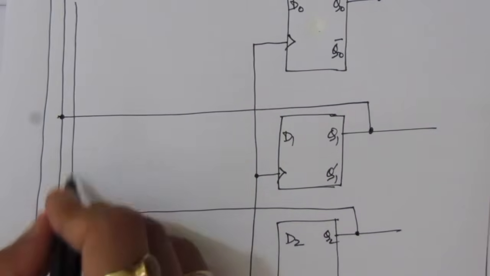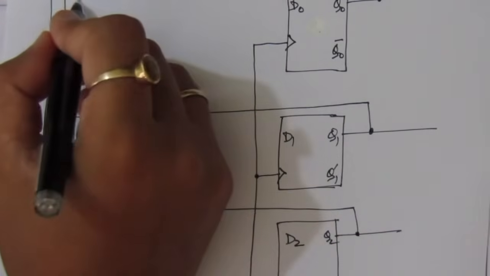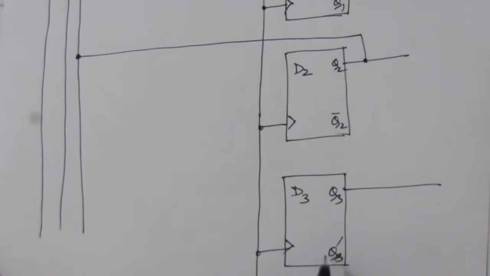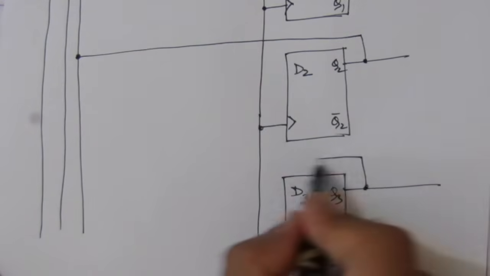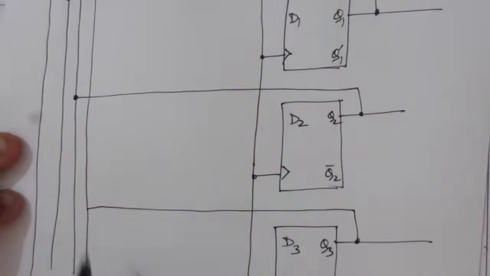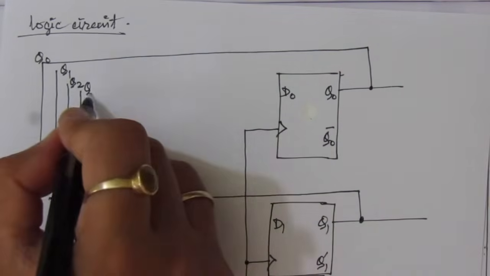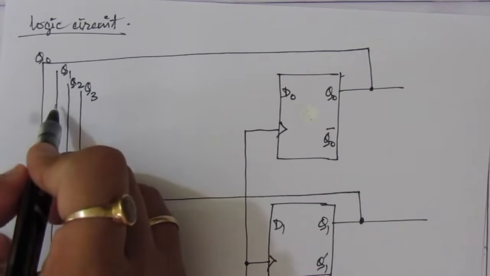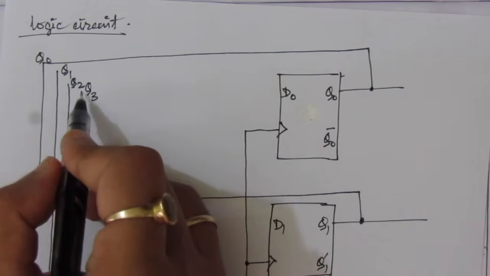So this third vertical line is connected to the Q2 output, and here we'll also have the Q3 line. Let us draw another line and connect it here. So this fourth line will represent Q3. First line is Q0, second line is Q1, third vertical line is Q2, and fourth line is Q3.